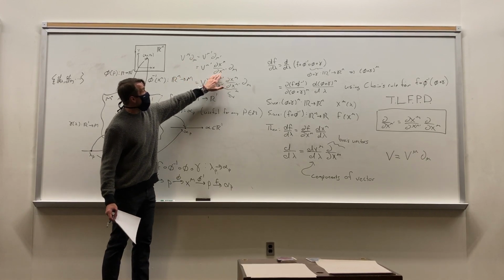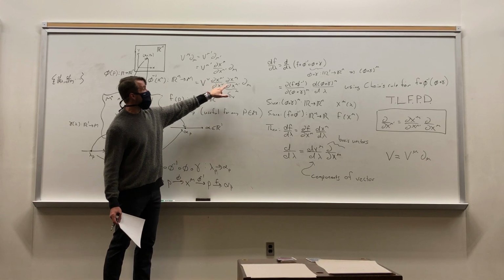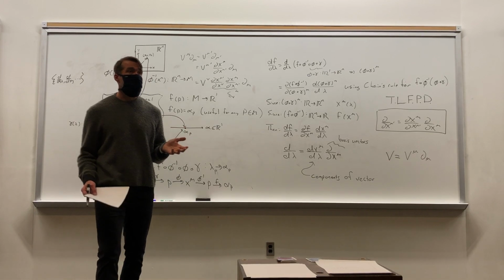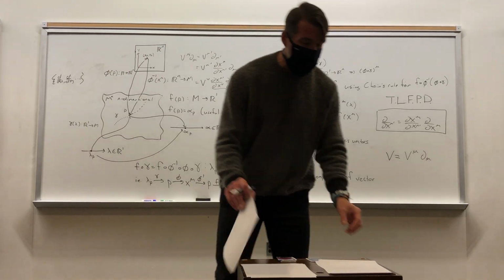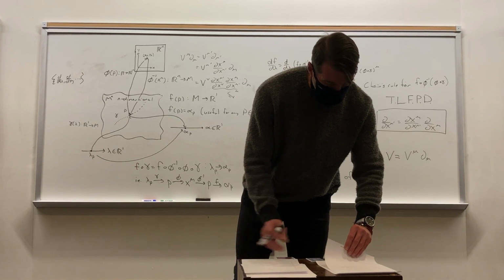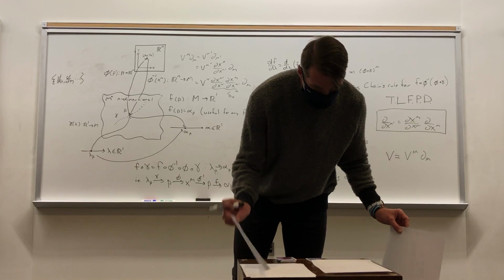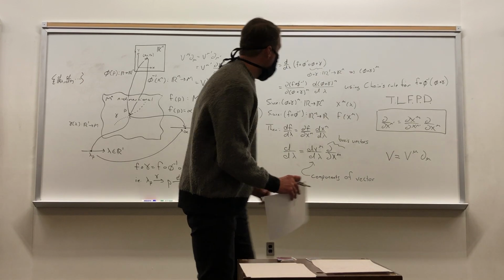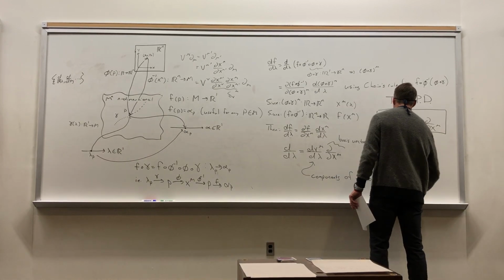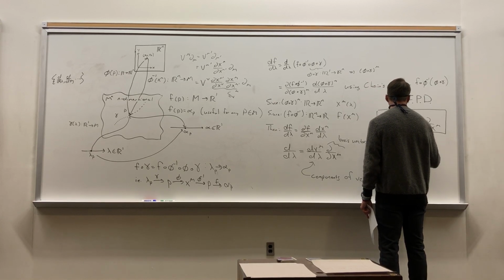So if partial mu transforms with this factor, the components transform with the inverse of that factor. Because this is a matrix, this is the inverse matrix. They're multiplying together to basically give me the identity.